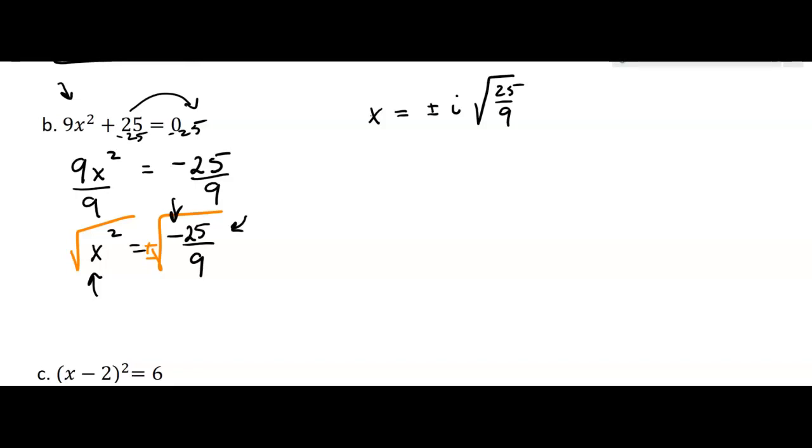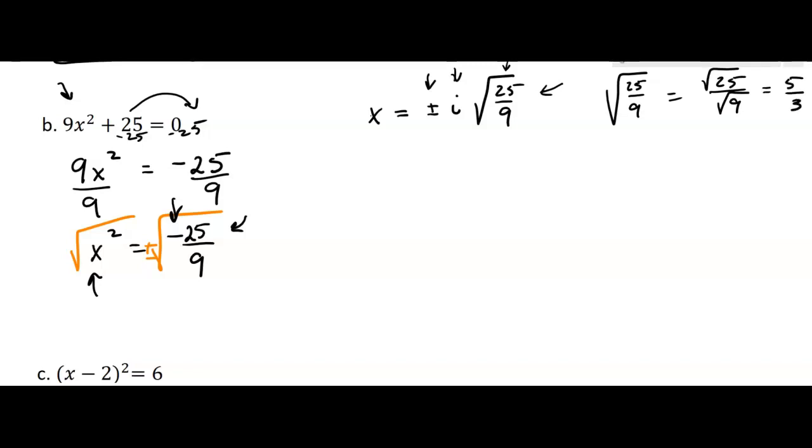Notice where I place the i. The plus or minus, then the i, and then this radical part. But this radical part actually simplifies. I know the square root of 25 and I know the square root of 9. Remember we have a property that says we can split that up. The quotient property. And so I'm going to get 5 over 3.